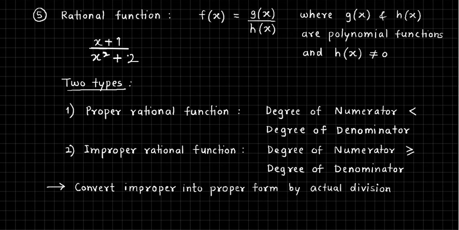And improper is when we have, as we can imagine, the degree of numerator greater than or equal to the degree of denominator.